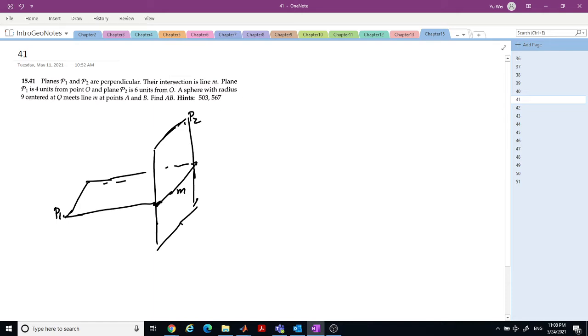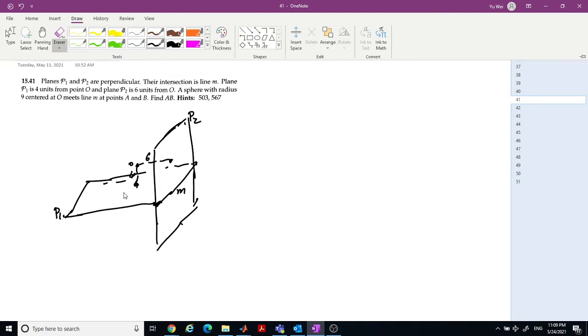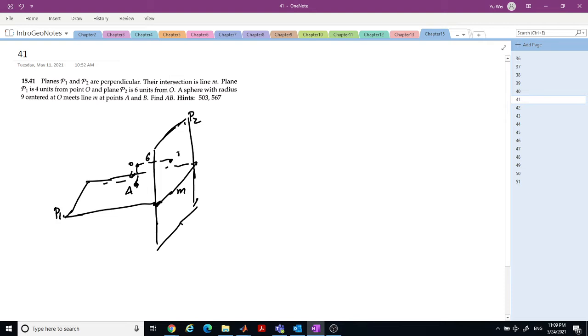And plane P1 is 4 units from the point O. Okay, so this is the point O, then this is the 4 units, and P2 is 6 units, right? So this is A and this is B.